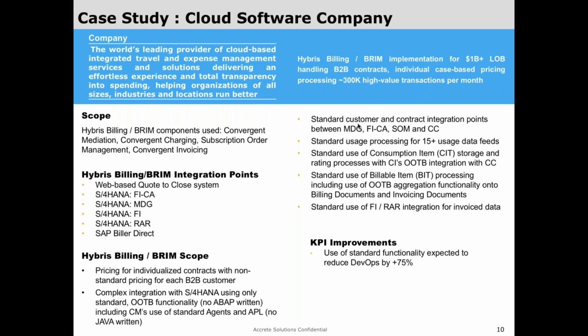We use standard out-of-the-box consumption items and bit processing. So again, if anyone here on the phone is familiar with convergent invoicing, we're using really straight up out-of-the-box convergent invoicing processes rather than some magic that people can do with convergent mediation. And straight up out-of-the-box FI and RAR.